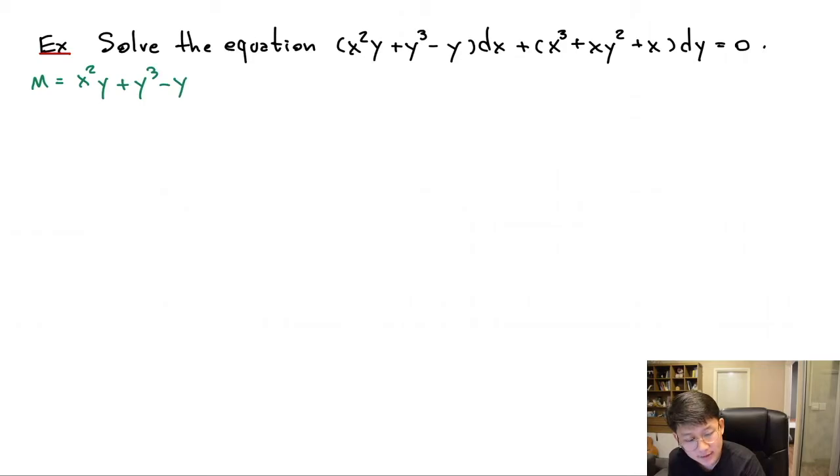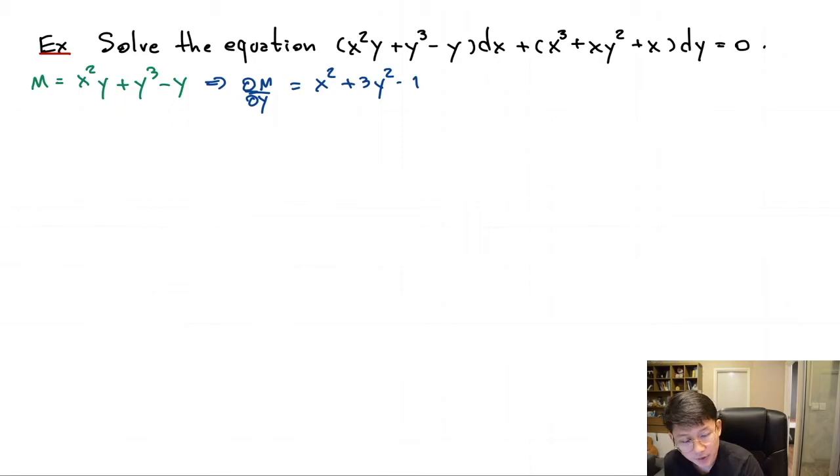So we have that dM by dy is x squared plus 3y squared minus 1. Just differentiate by y, x is considered as a constant.